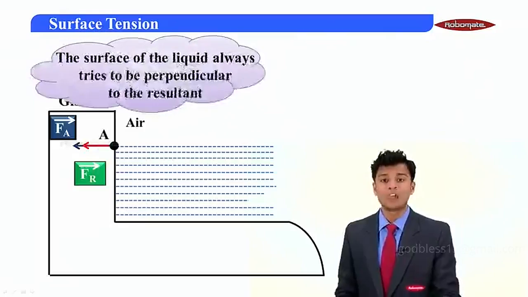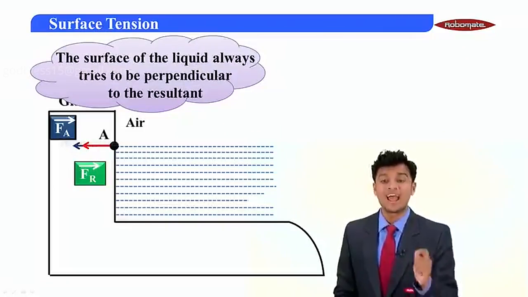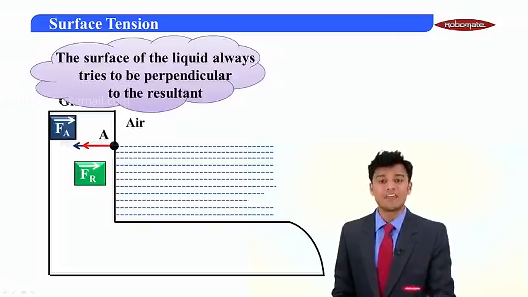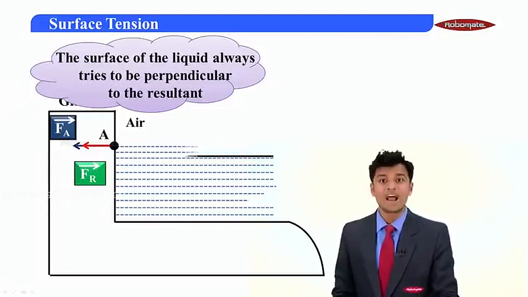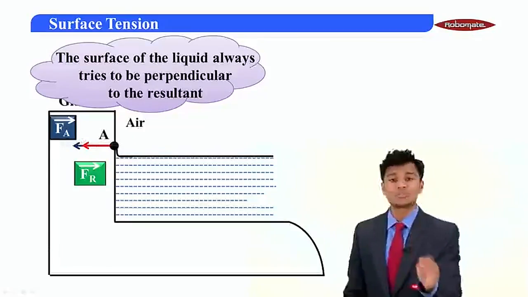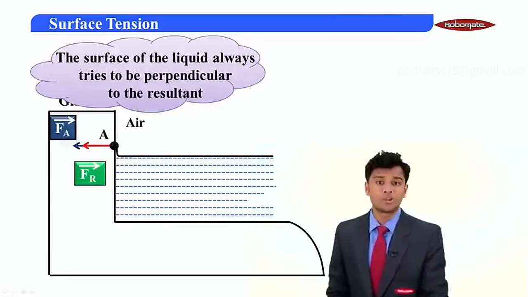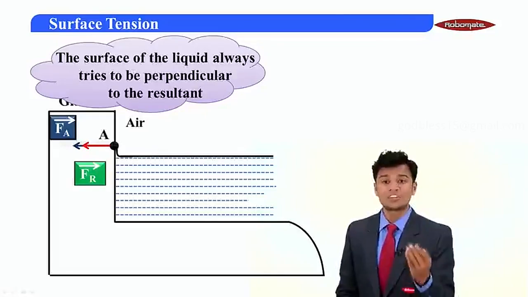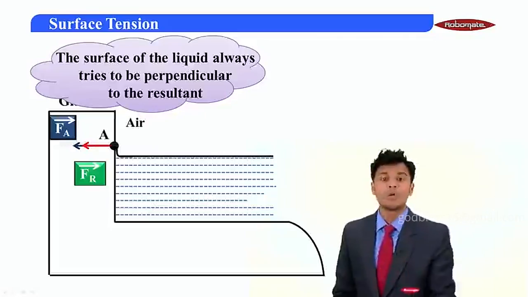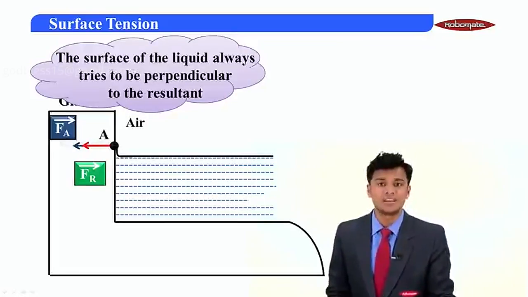I know that the shape of the liquid surface is always perpendicular to the resultant, and since Fr bar is completely horizontal, the shape of the liquid will be something as shown. It is as good as flat. So in order to maintain the perpendicular shape with the resultant, the liquid bends a bit vertically, very close to the glass surface as seen in the diagram.